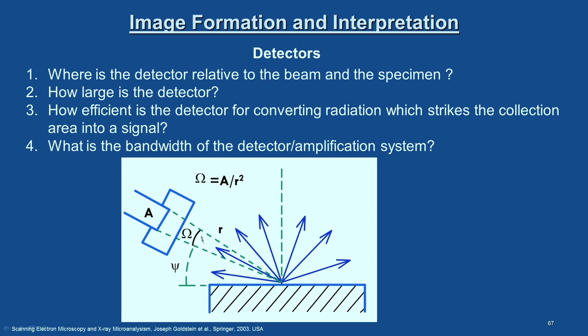The detector is kept at an angle, the takeoff angle psi, which is the angle between the specimen surface and the line connecting the center of the detector. How large the detector is is defined by the solid angle omega, which is equal to the area of the detector divided by the radial distance r squared.